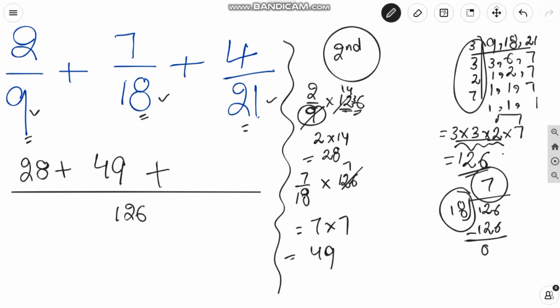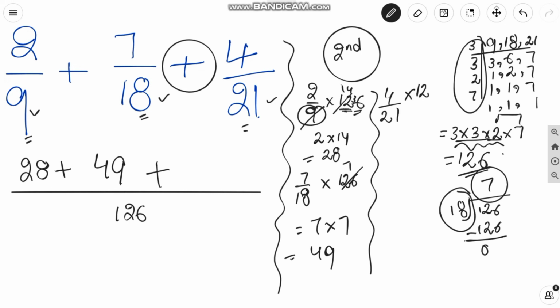Again the sign next to the second rational number is plus, so put plus here again. Now take the third rational number, that is 4 by 21, multiply it with 126. Again you may get confused with the direct division, so let's do the division by the traditional method, 126 by 21.